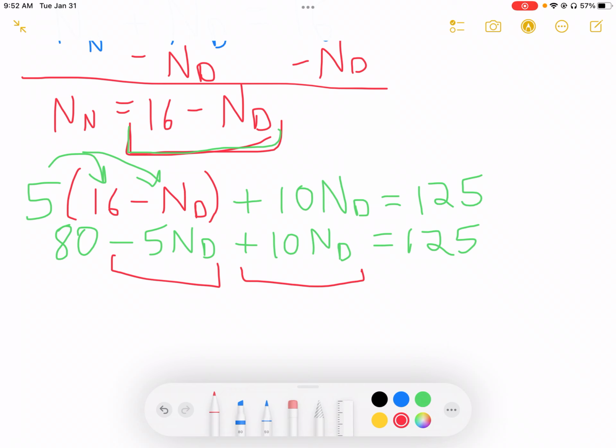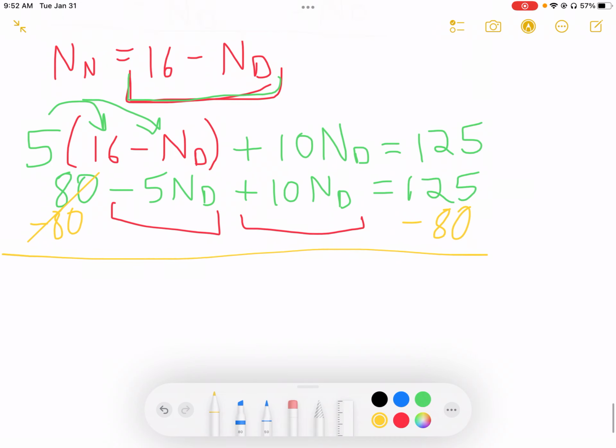Before I do that, I'd like to get my variables on one side and all my numbers on one side. So I've got to move my 80 right here. My equation is a balance, so if I take 80 off of this side, then I have to take 80 off of that side. Now we're going to simplify again.